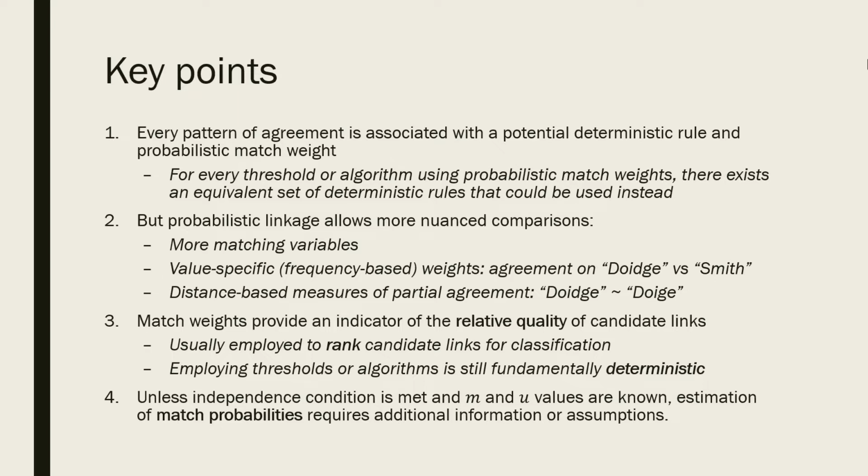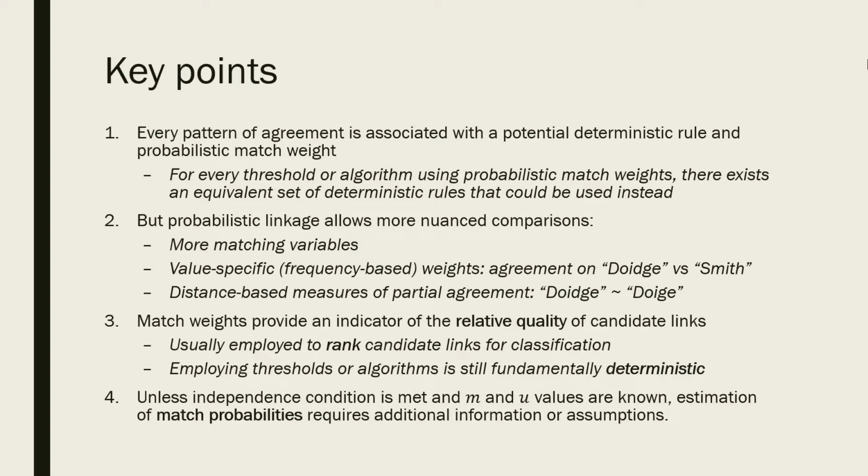Particularly when it comes to using large numbers of matching variables, using value-specific or frequency-based weights, where you might give a higher weight to agreement on rare values like my surname, Deutsch, versus more common values like Smith. And some measures of partial agreement, like the partial agreement between the dates that we mentioned before, or between two similar strings.